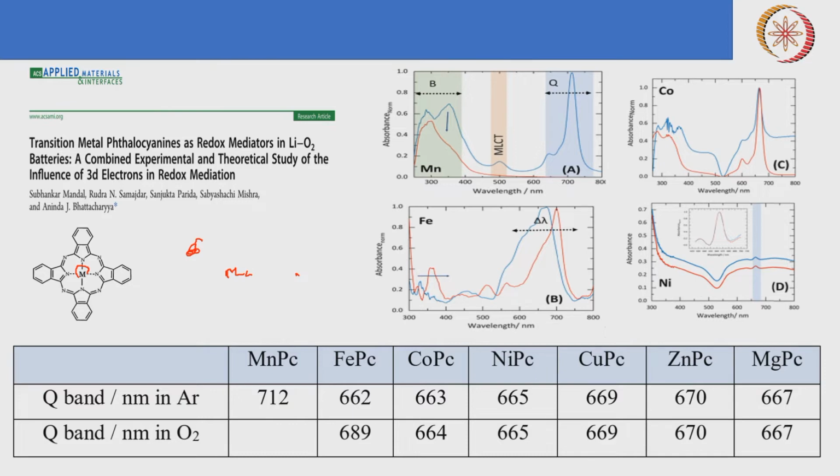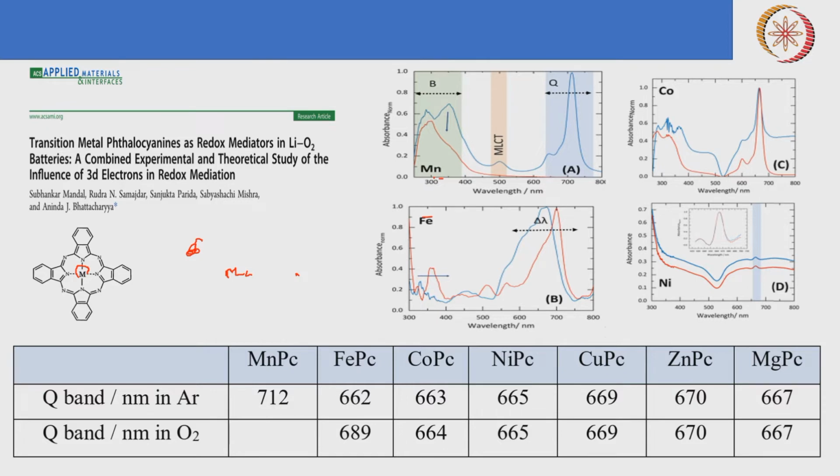This is the metal center and this is the phthalocyanine ring. We have used this compound in different applications, but I have shown this one to see how our absorption spectra can change with oxygen, and what the spectra are for different transition metals.